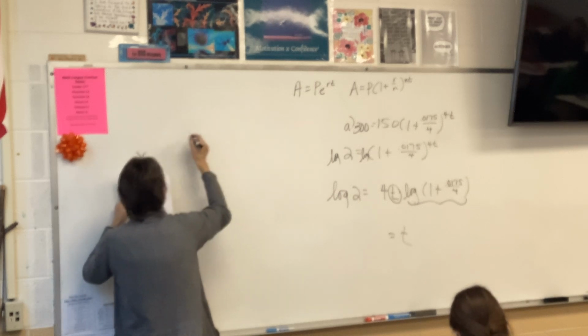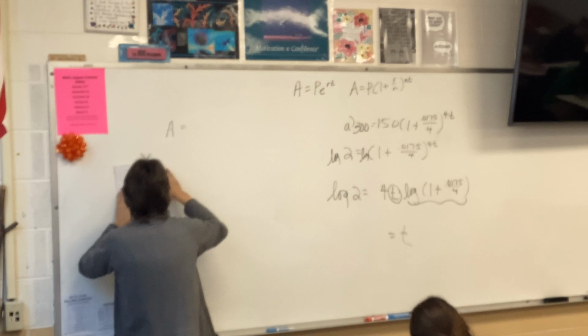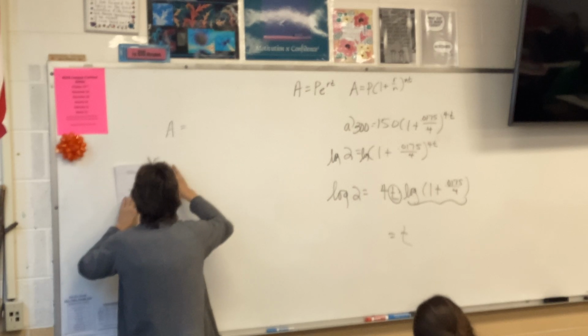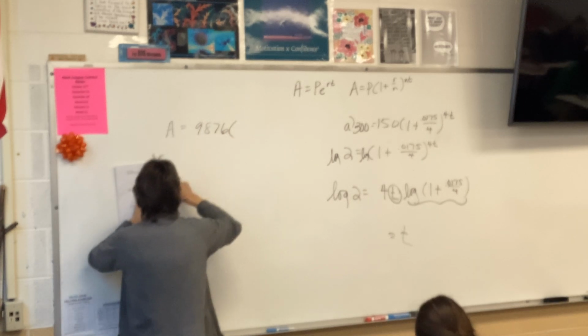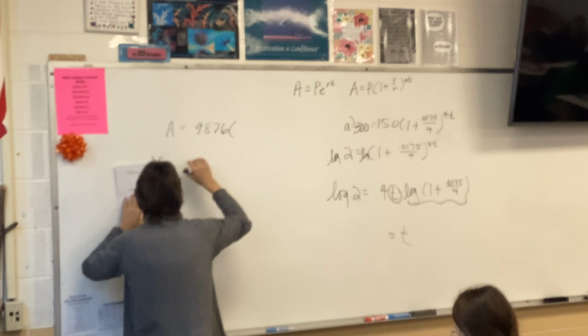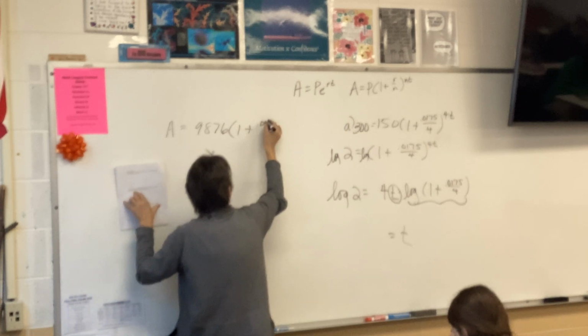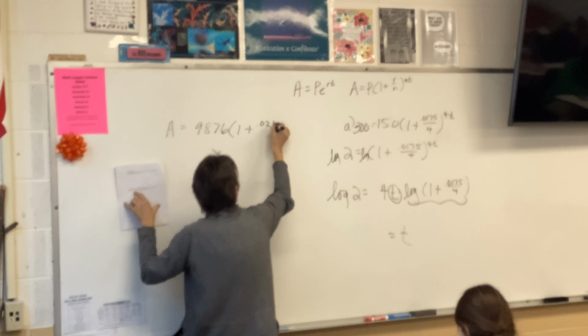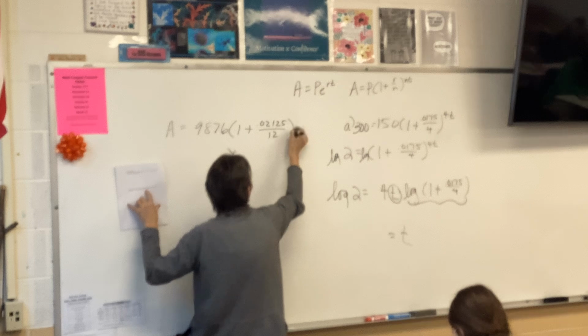I'm using the same formula. Oh, that's good. If I'm looking for A, then my troubles are over, because I've already solved for it. It's already by itself, so I just have to type all this in. 1 plus, what's my interest rate? 0.02125, divided by 12.